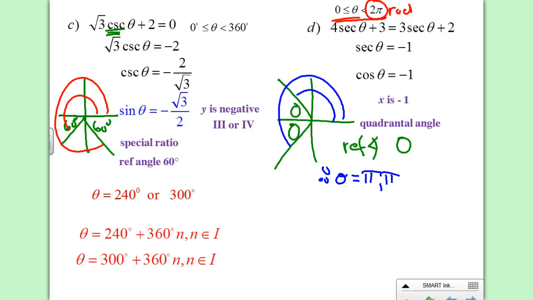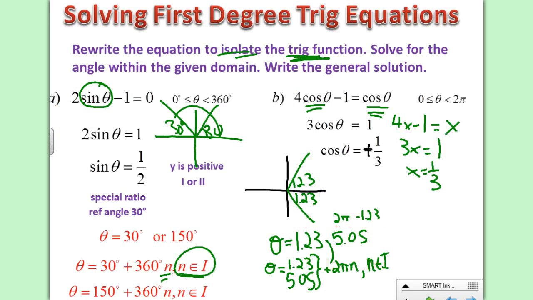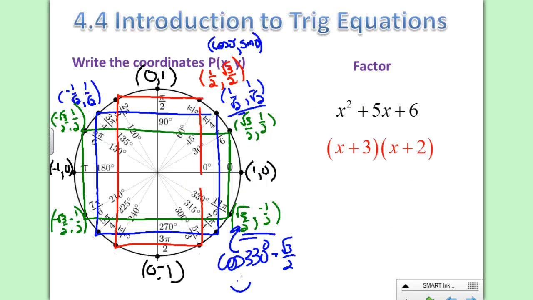The other way you could look at this is, when is cosine minus 1? If you look back to our very first slide, when is the x value negative 1? Looking at the unit circle, the x value is negative 1 only at that angle of pi. So connecting our unit circle to these questions is helpful.